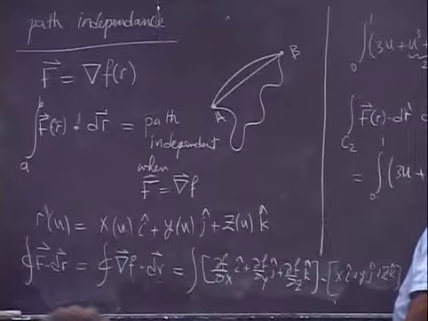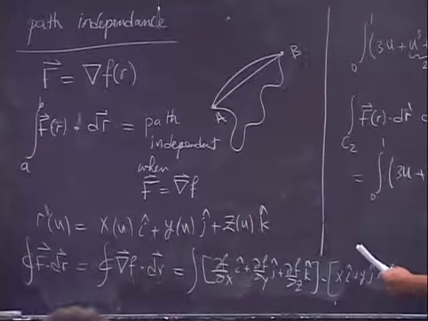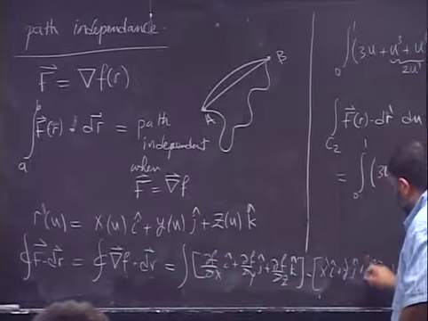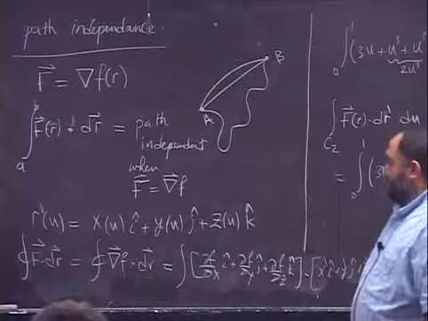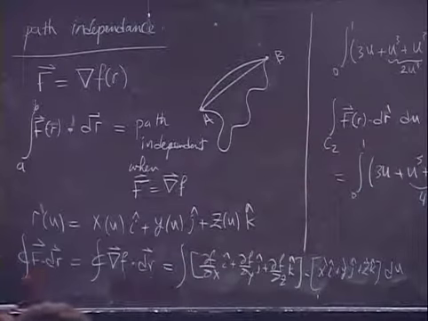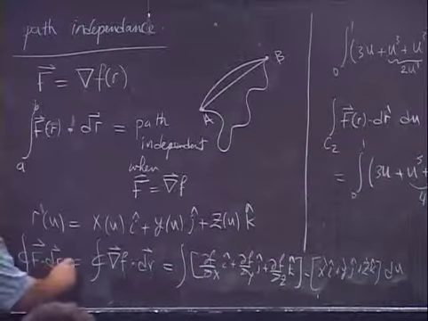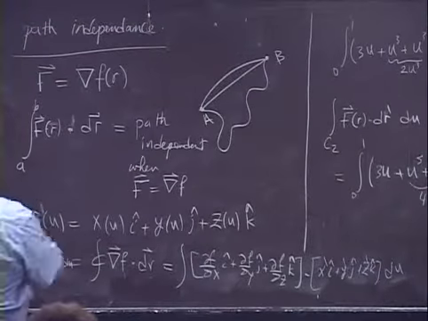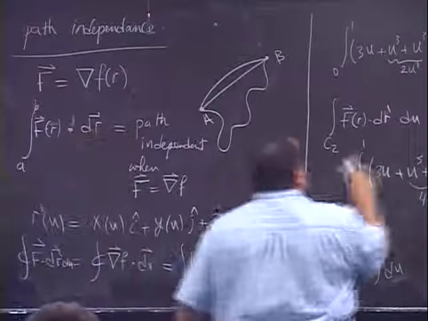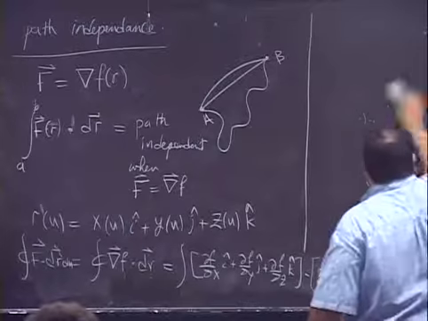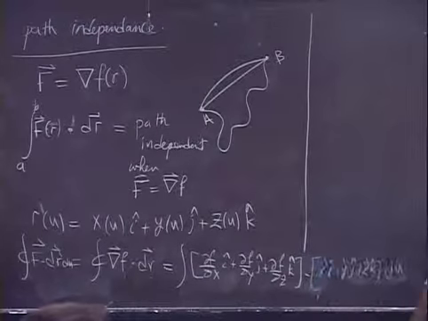Is it dr? No, this is like this, du, and this is prime. So I will replace f dot dr with f dot r prime multiplied by delta u. Yes? This is the one over there. So now, if you evaluate the dot product, what will this be?